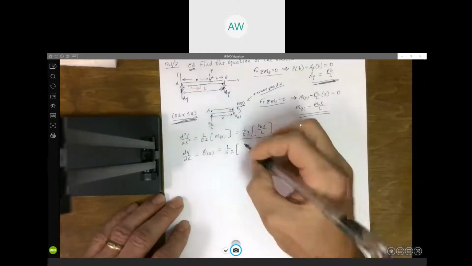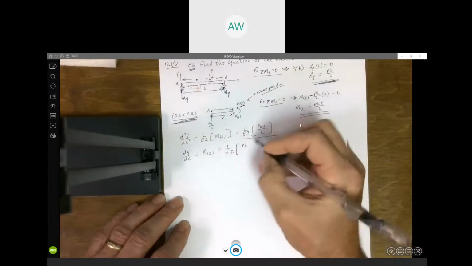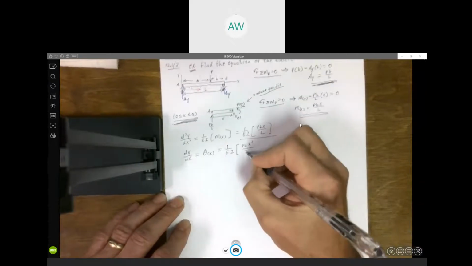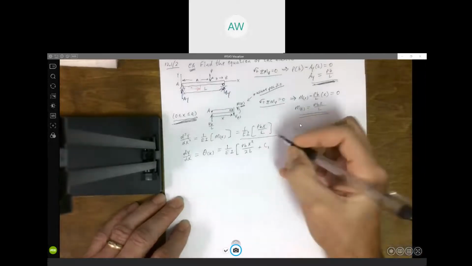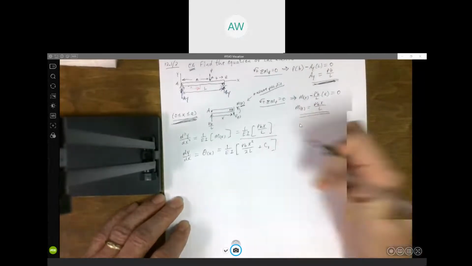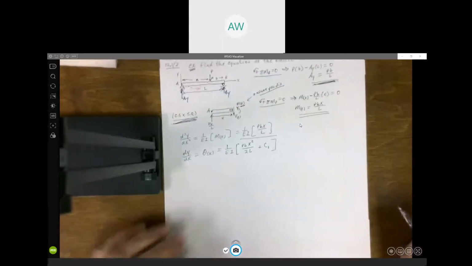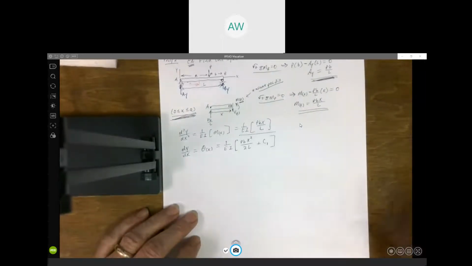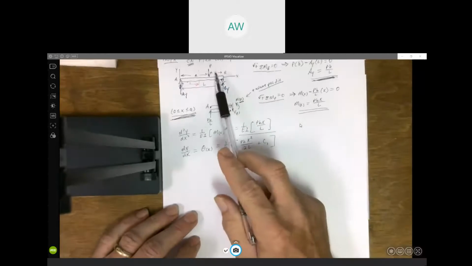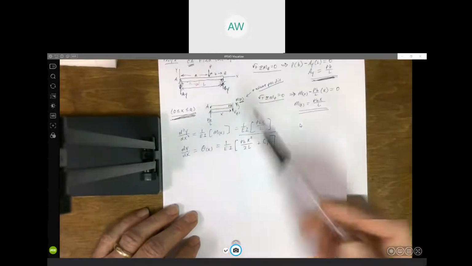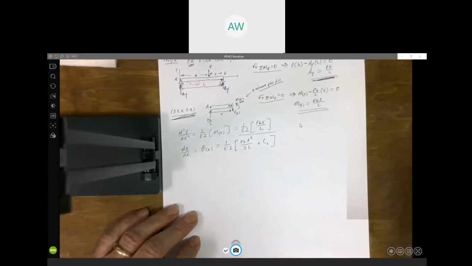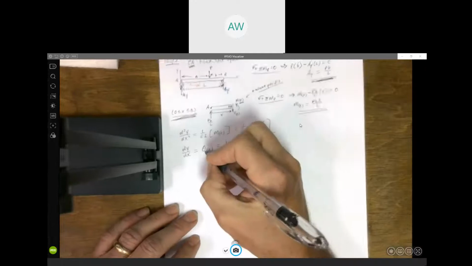So we'd have Pb x squared over 2L plus a constant, call it C1. And also, just some notation here. You're going to see in a minute, when we have to cut it again just past that loading, we're going to get a different set of equations. So just to differentiate between the two, I want to call this theta 1.